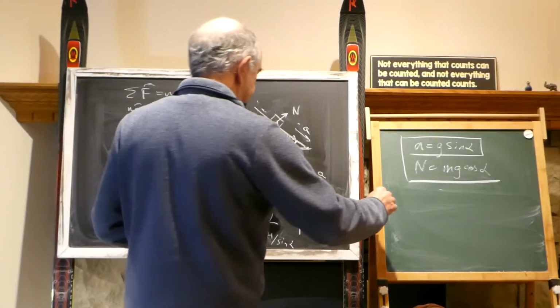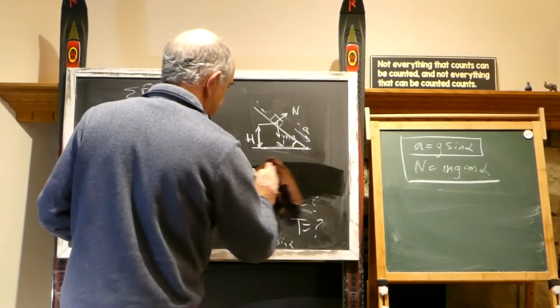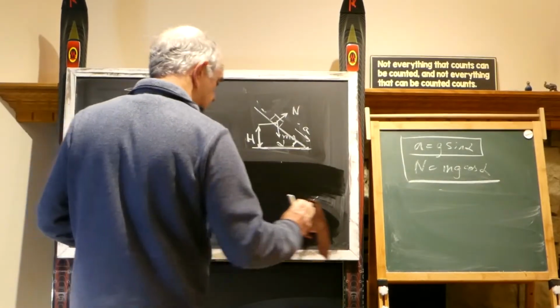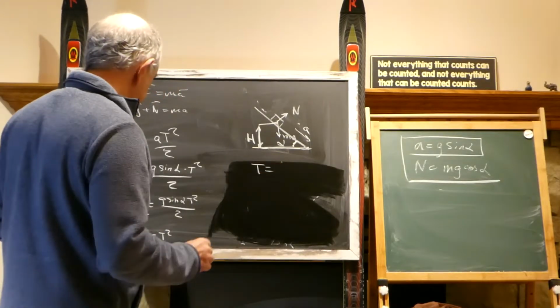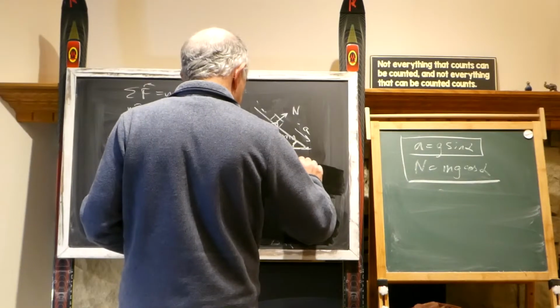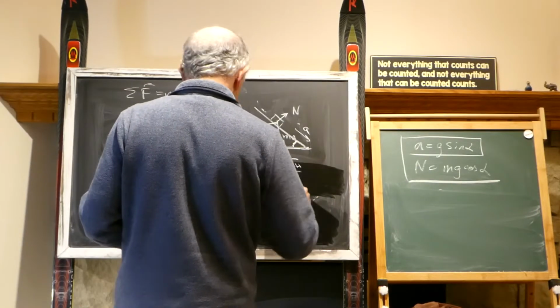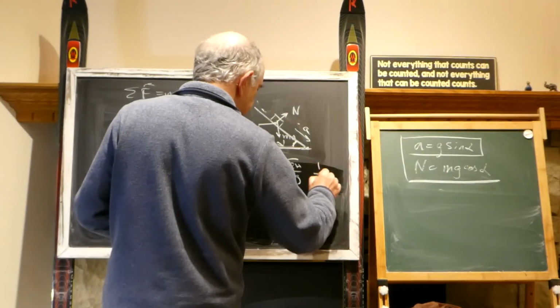Let's wipe this here because we don't need this anymore. I will receive time equal to the square root of 2h over g. And when I take the square root, it would be 1 divided by sine alpha.